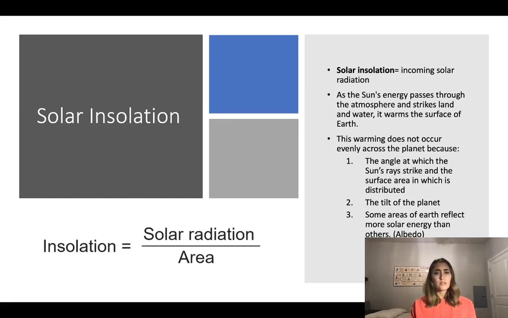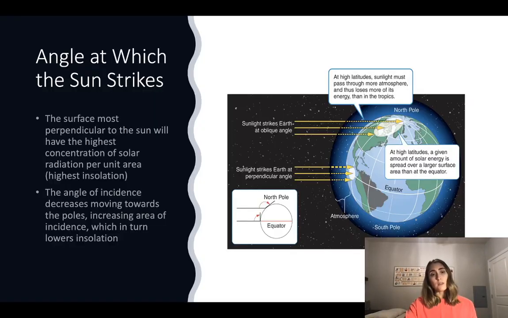First is the angle at which the sun's rays are striking and the surface area in which it's distributed as a result of that angle. Two is the tilt of the planet. And three is, depending on the type of surface, the differences in albedo for each of those surfaces. And we'll talk about what each of these mean.